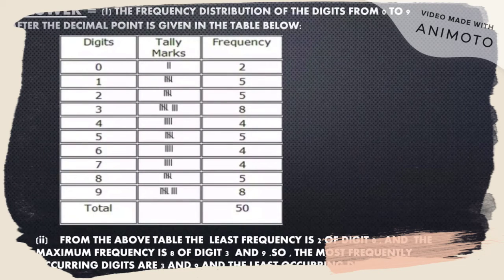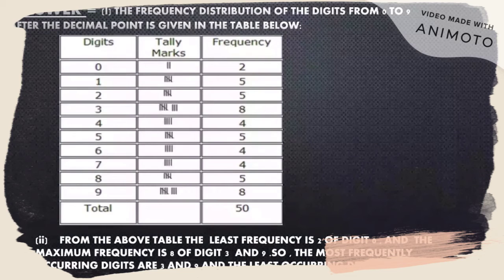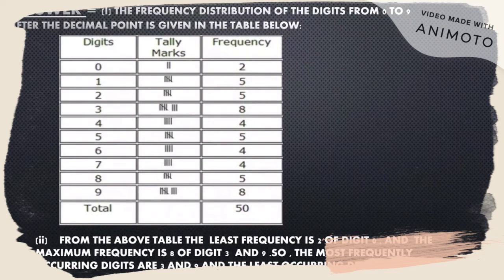In the second part we have to tell the least and most frequently occurring digits. Least frequently occurring digits means the digits which have the least frequency, and most frequently occurring digits means the digits which have the maximum frequency. The least frequently occurring digit is 0 as it has occurred only 2 times.